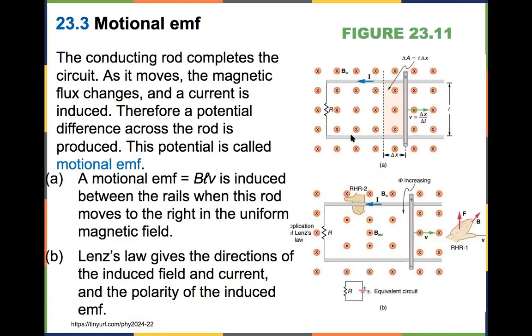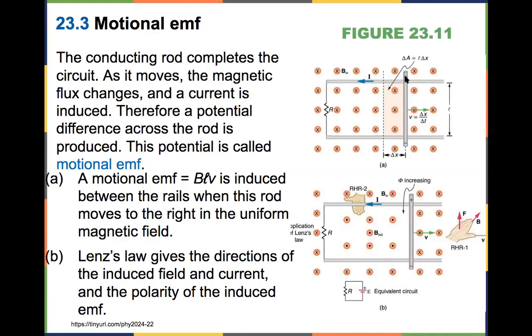This setup is placed in an external magnetic field B, where you see the cross. That indicates the magnetic field is pointing into the screen, because we are seeing the tail of the arrow, so the arrow goes away from us.